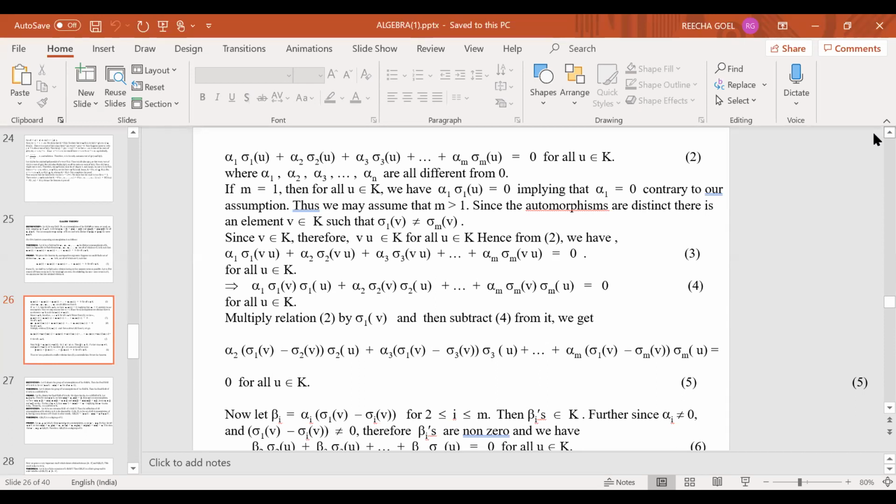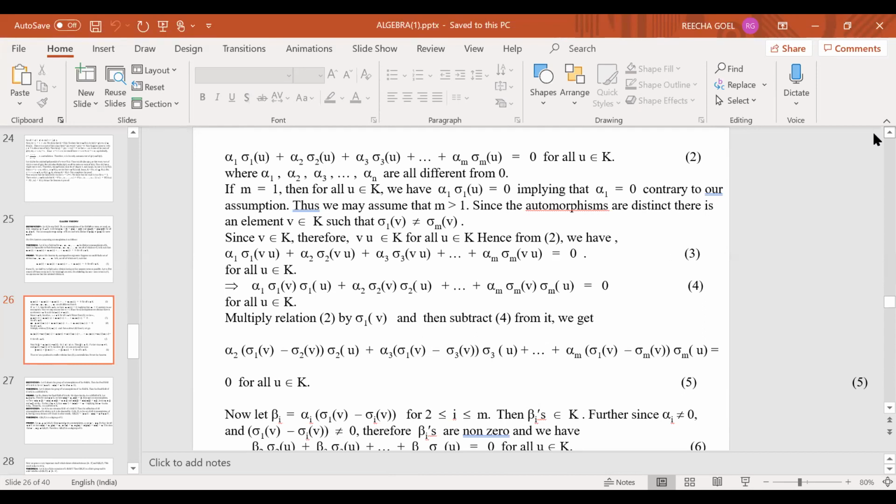This alpha 1 portion will cancel out and you will be left with only alpha 2 times (sigma 1 v minus sigma 2 v) into sigma 2 u plus alpha 3 times (sigma 1 v minus sigma 3 v) into sigma 3 u plus and so on.